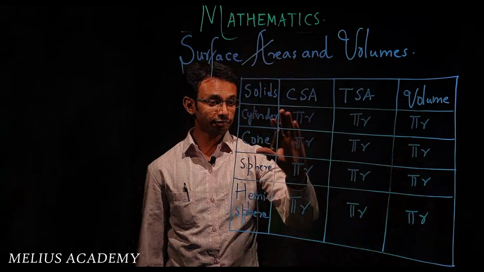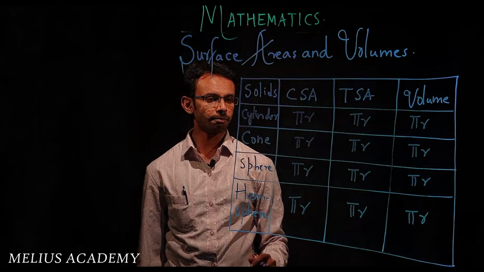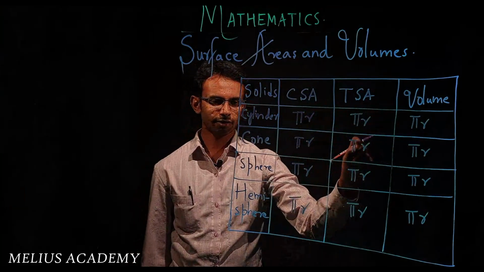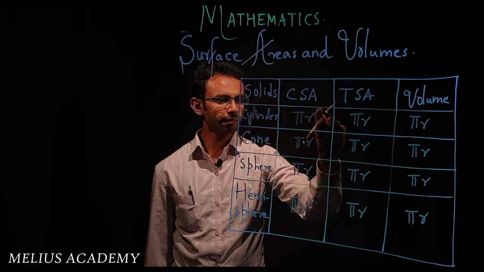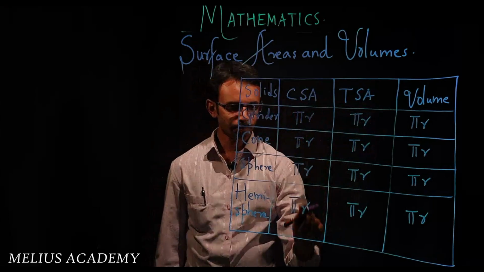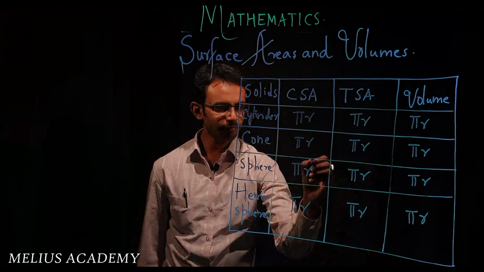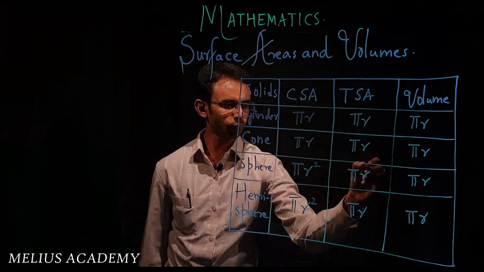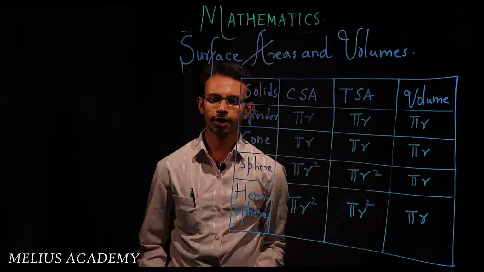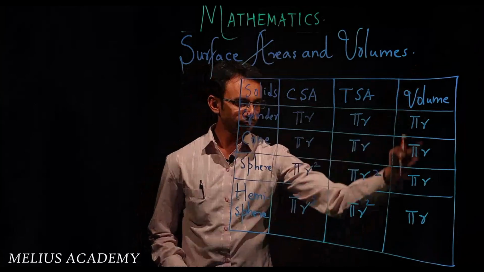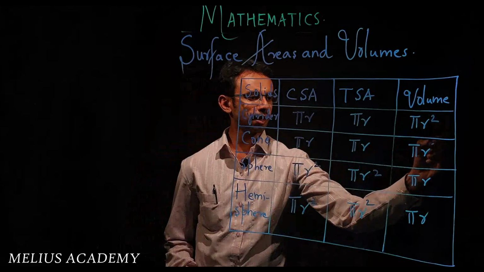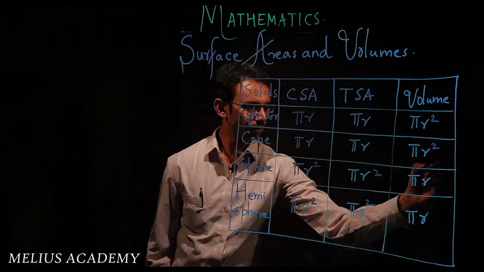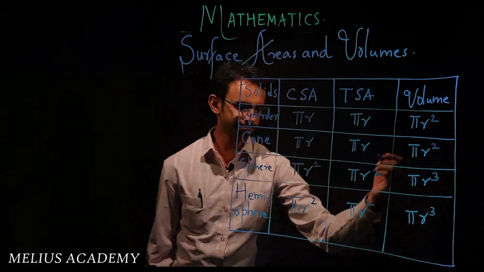After filling with pi r, your job is to see the powers of r. For the first 2, cylinder and cone, the power of r remains the same. But for the next 2, the powers will be 2: r square, r square. In the last column of volume, the first 2 will have r square, and the last 2 will have r cube.